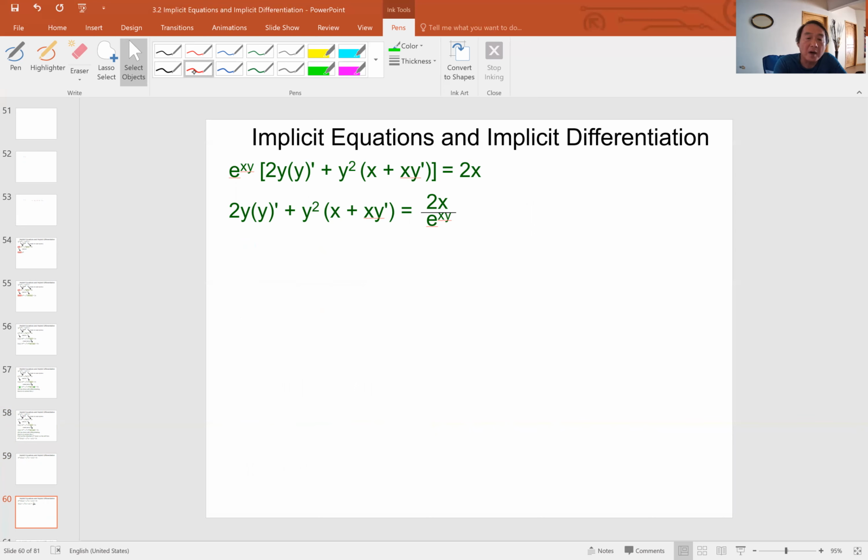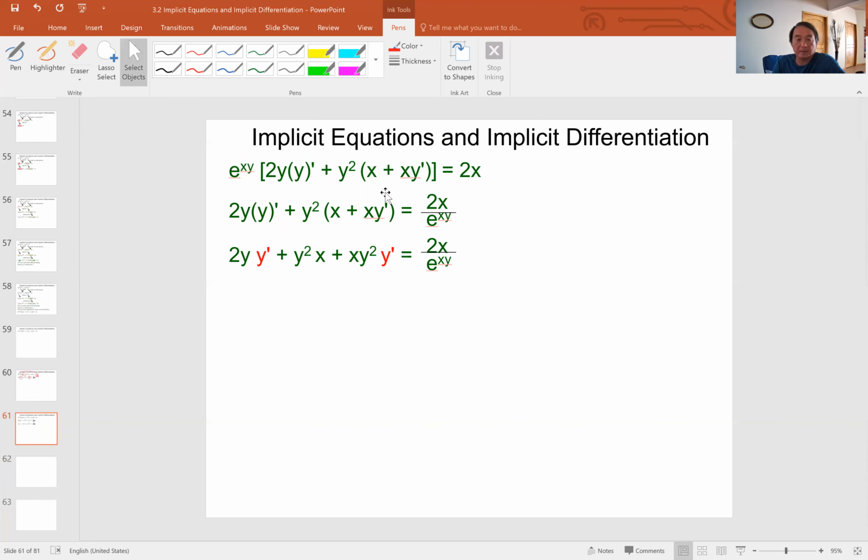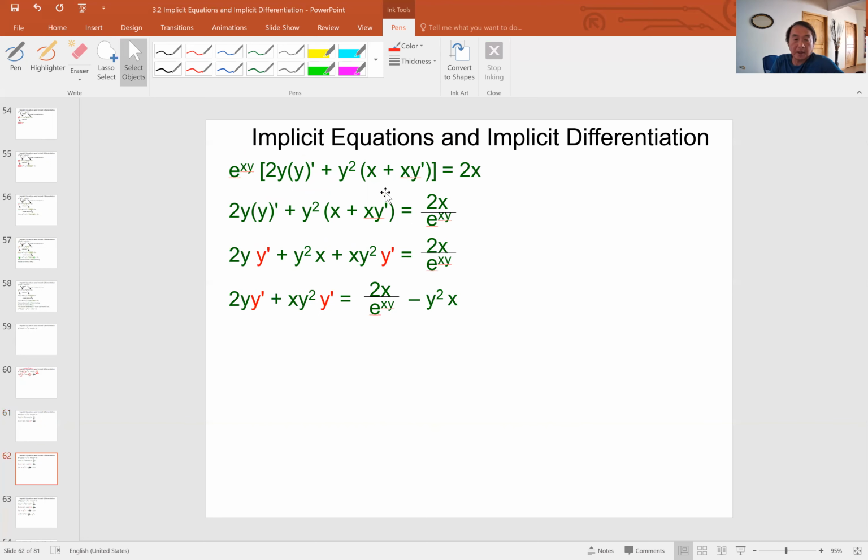And remember, after you collect the y prime, let me divide e^(xy) first across to the other side. Okay, and then I want to collect the y prime, and here they are. Everything that has nothing to do with y prime goes on the other side.